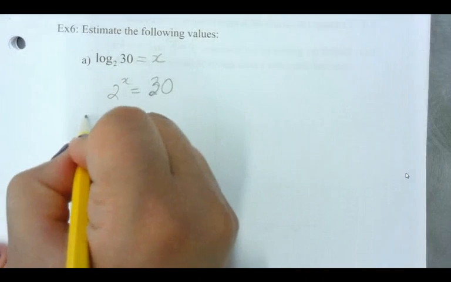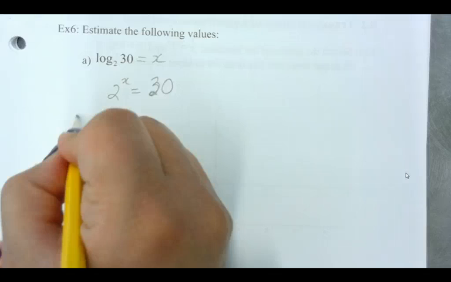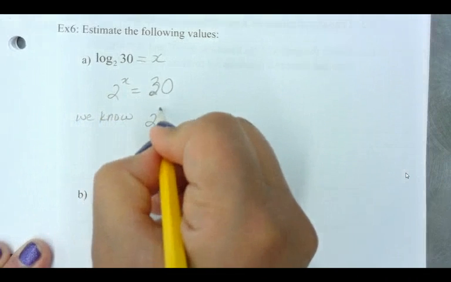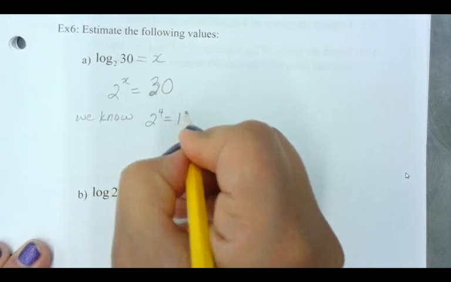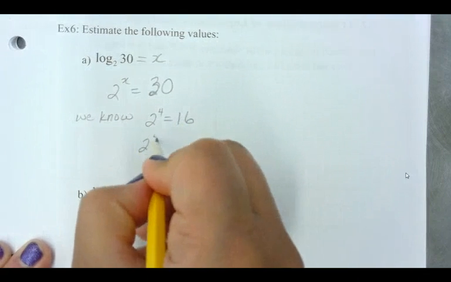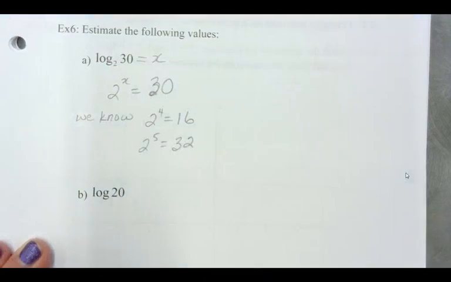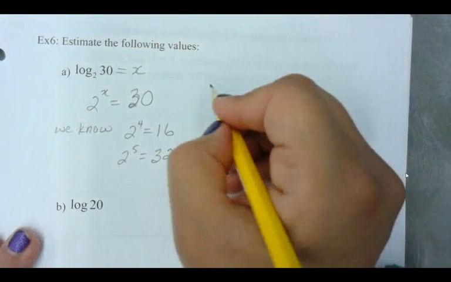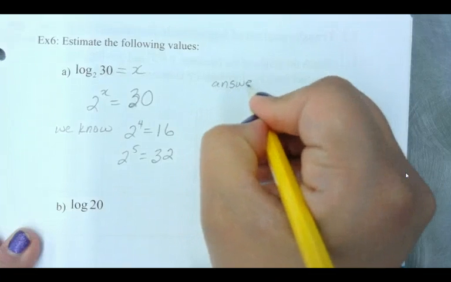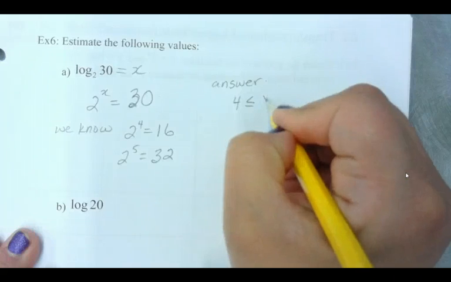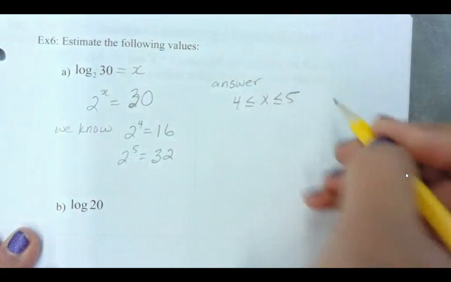We know 2 to the power of 4 is 16, and we know 2 to the power of 5 is 32.